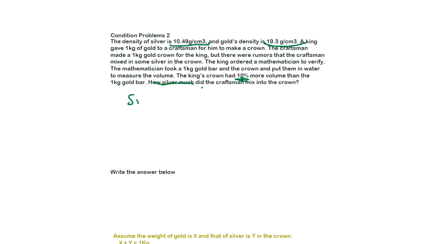Okay, say silver is X, right? And gold is Y. So the total volume is, when the silver is X grams, and gold density is this, you divide by density to get the volume.